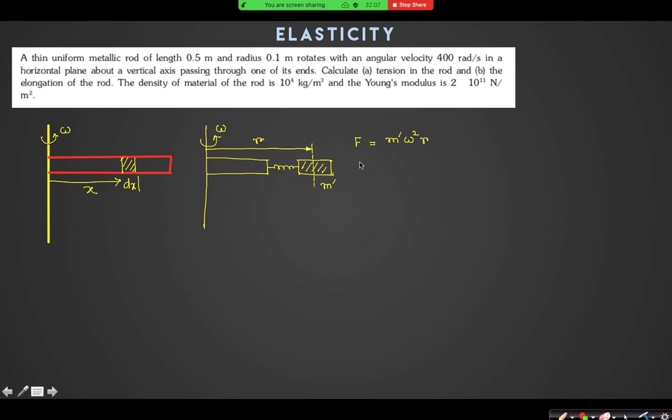Yes or no? Stretching force on the spring is m prime omega square r. Can you calculate this m prime and r in terms of x and find what is the actual value of F?